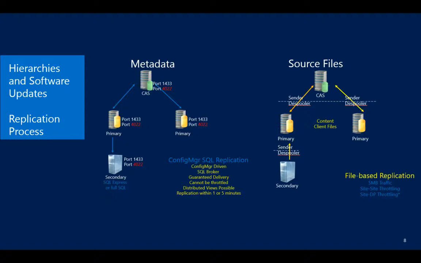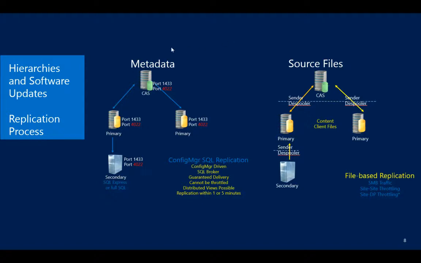So in order to move data around in a hierarchy, there's a few things that have to take place. So let's just kind of break them down. And again, I'll show them to you because I think it's important to kind of understand this and then see it happen live. So in terms of the metadata, again, within a single primary site, there is no hierarchy. So that's intra-site replication. Parts of this don't happen, right?